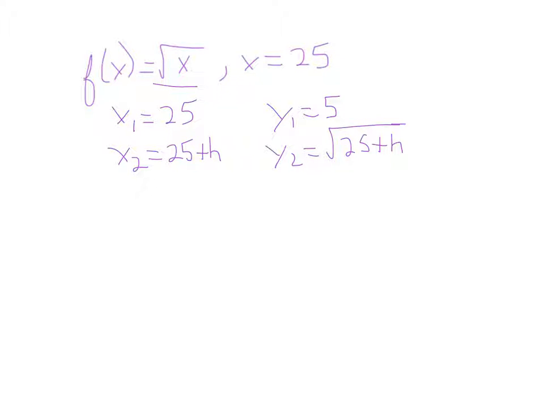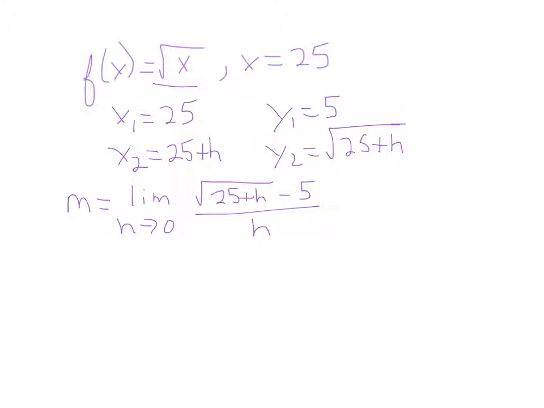And so the slope of our line is going to be the limit as h approaches 0 of y2 minus y1 over x2 minus x1, which always comes out to just h.